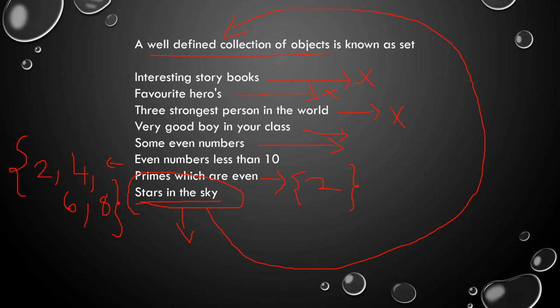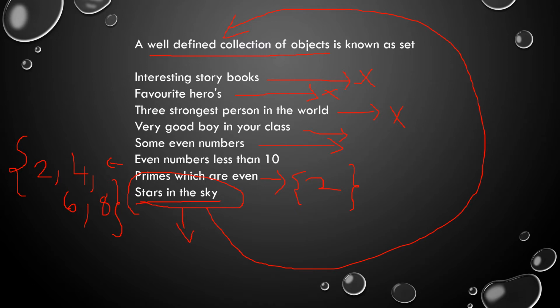If you observe the examples we have taken: interesting storybooks is not well defined, since I cannot say which storybooks will be in the collection and which will not. Favorite heroes is also not a well defined collection, since I cannot say which heroes are in that collection and which are not.